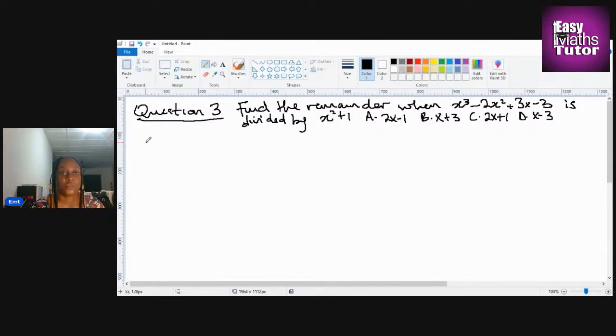So, solution. This is under the topic polynomials. So what do we do? To find the remainder, we have to do a long division. So you draw a division sign that looks like this.